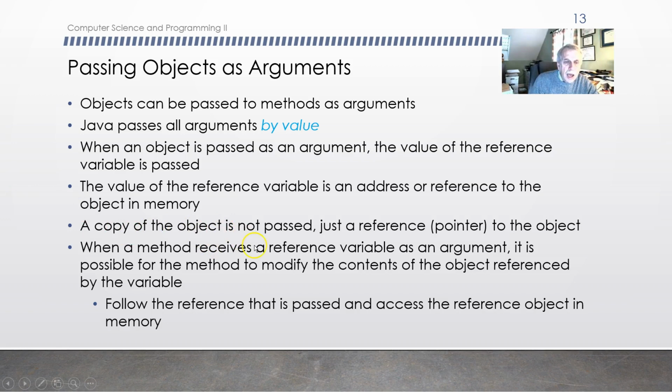Notice that we say that a copy of the object is not passed, just a reference to the object, just the pointer, a copy of the pointer. So when a method receives the reference variable, it's possible then for that method to follow that pointer or follow that reference and gain access to the actual object.